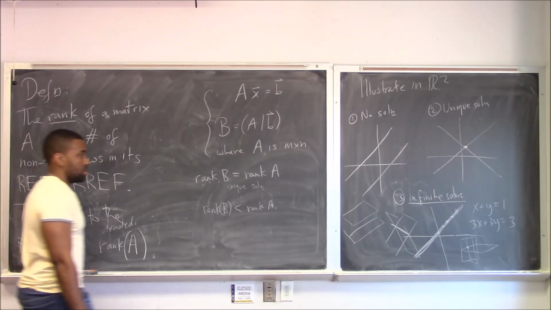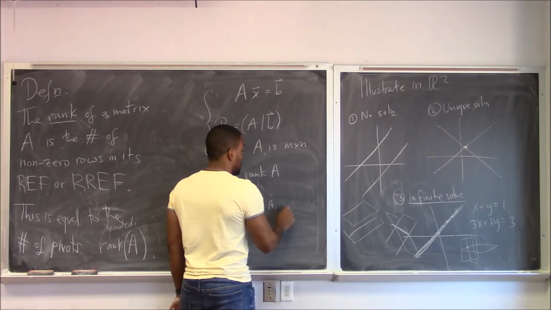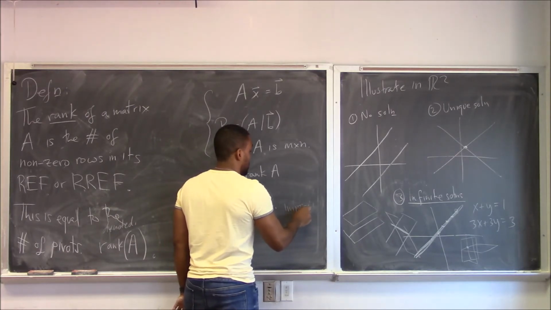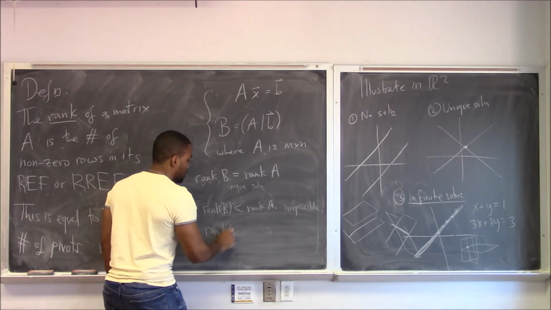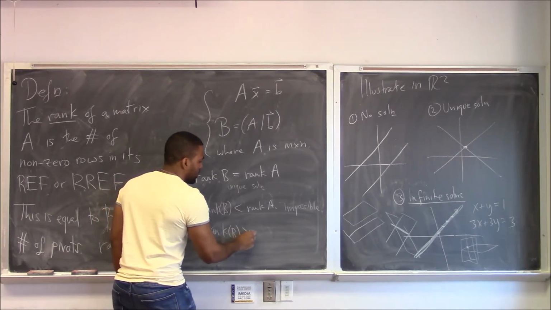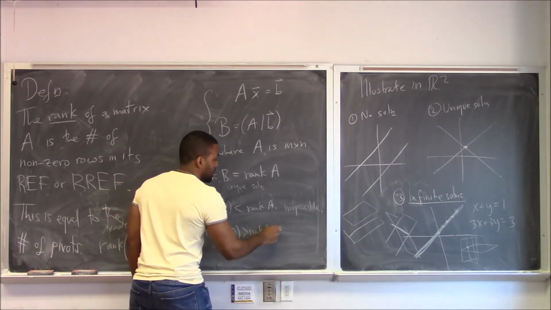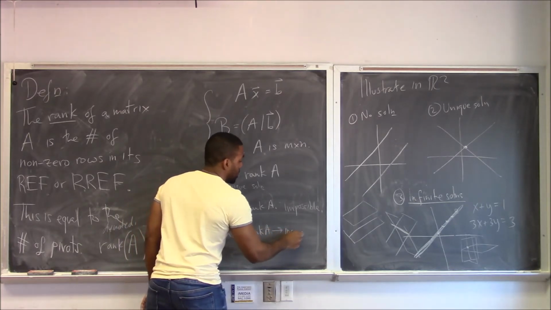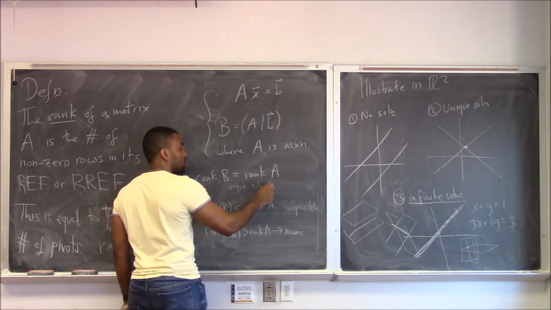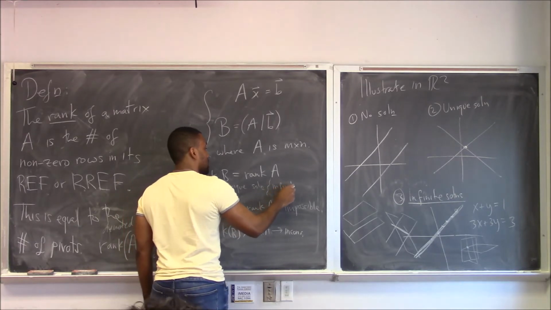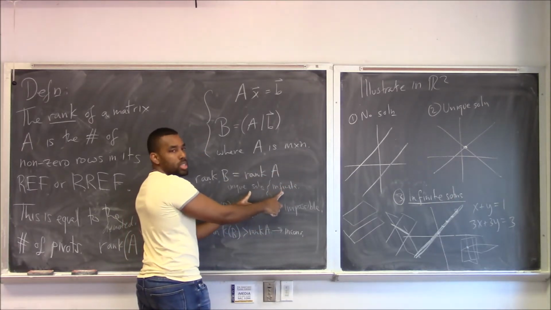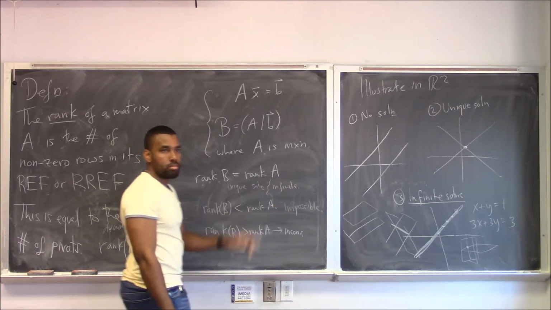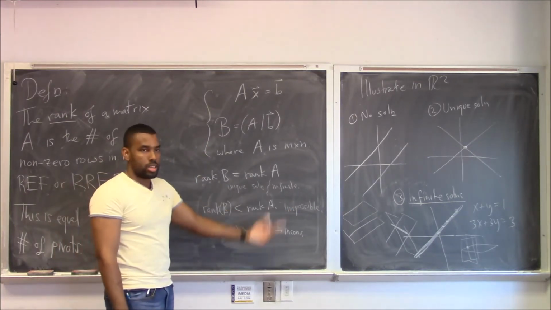No, that's impossible. And you can talk about the rank of B being greater than the rank of A. That leads to inconsistency. It turns out that this has the unique solution or infinite solutions. And this would just break into subcases based on n. Either it's equal to n or it's less than n. And equal to n gives you unique, less than n gives you infinite.